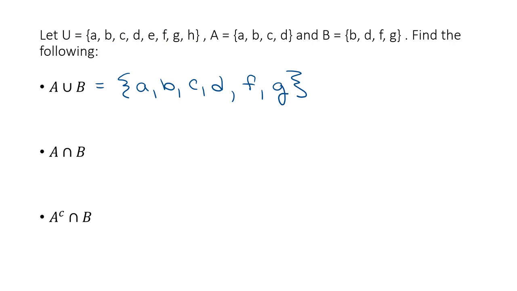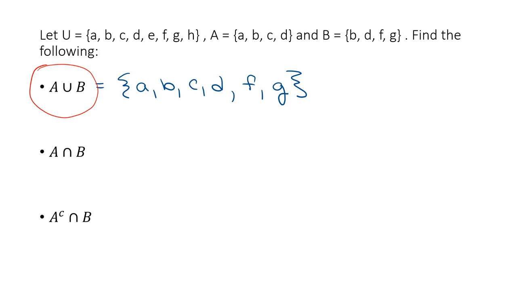Let's see, set A is the letters A, B, C, D. Set B is the letters B, D, F, G. So I'm going to start by finding the first thing on my list. I'll circle it here, this A union B. The union of two sets is all letters in either set.